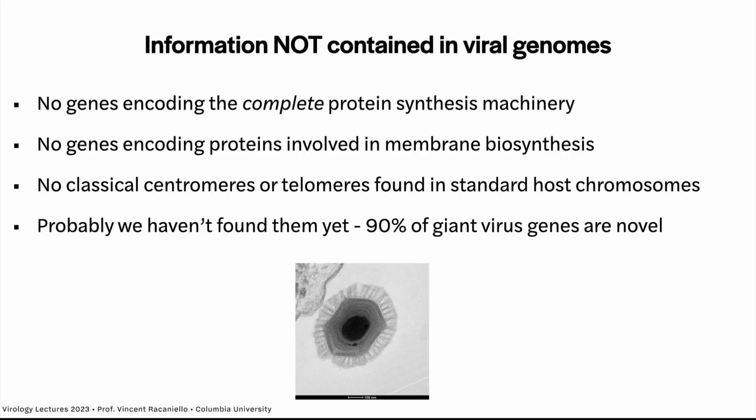Standard host chromosomes have centromeres and telomeres. You don't see those typically in virus genomes. And as I say, maybe we'll find them. When we find new giant viruses, for 90% of the genes we have no idea what they encode because they don't look like any protein that we've seen before. So it's hard to know what a protein like that does.